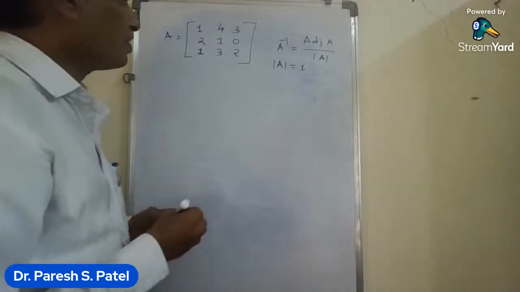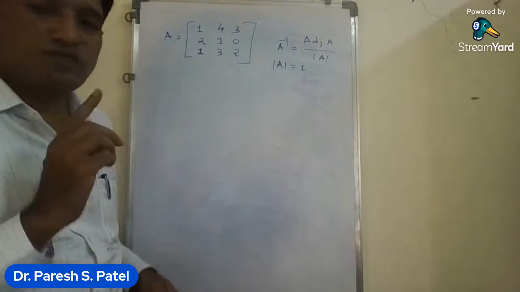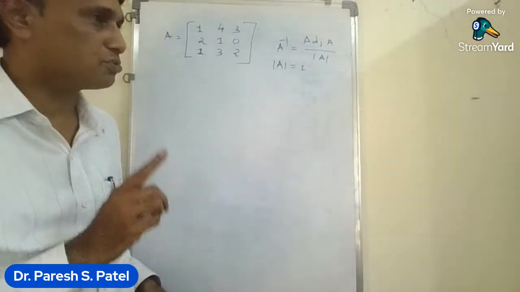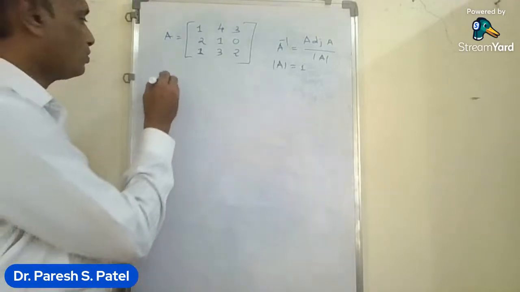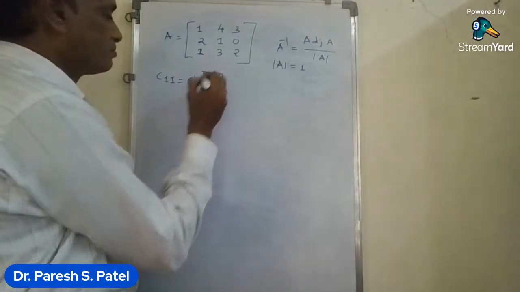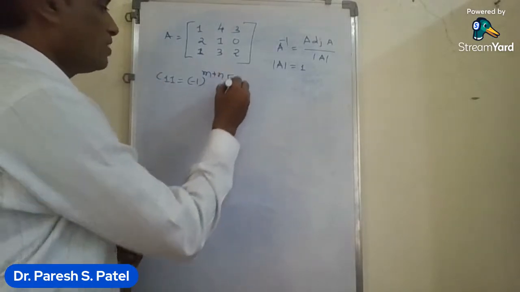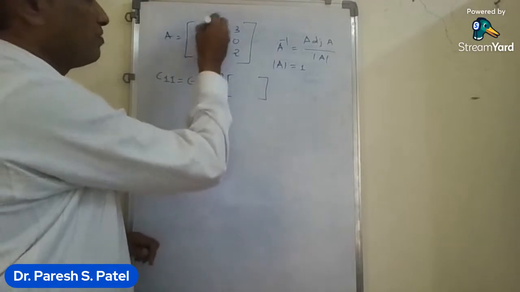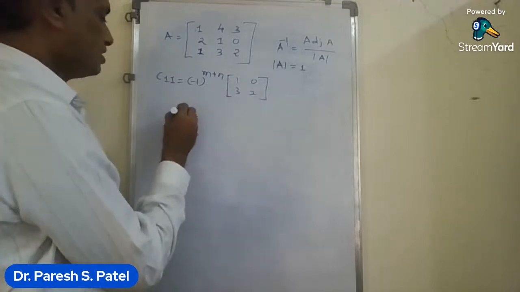Now, to find the values of adjoint A, we have to find the values of C11, C12, C13, C21, C22, C23, C31, C32, and C33. How do we find these values? C11 is equal to minus 1 raised to i plus j.